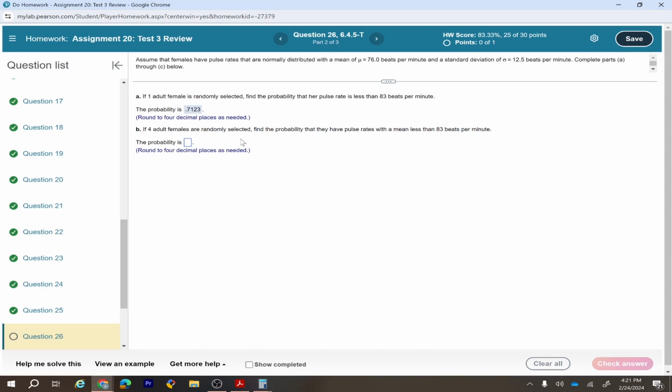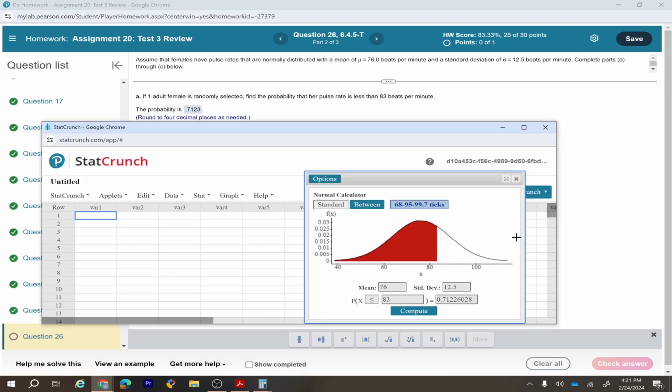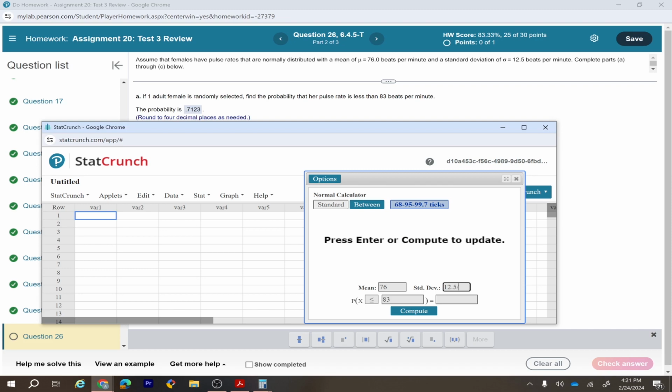If you pick 4 adult females, that is a sample of 4 adult females. In this case you use the same calculator, but keep in mind the mean would be the same, but because of the central limit theorem, you have to divide the standard deviation by the square root of the sample size, which in this case is 4. Square root of 4 is 2, so you divide by 2.